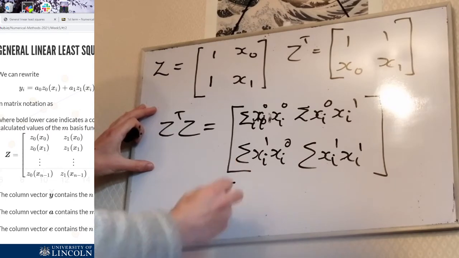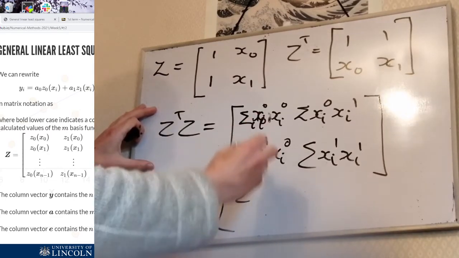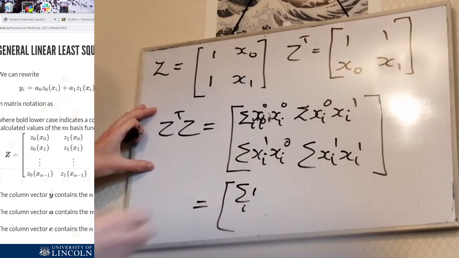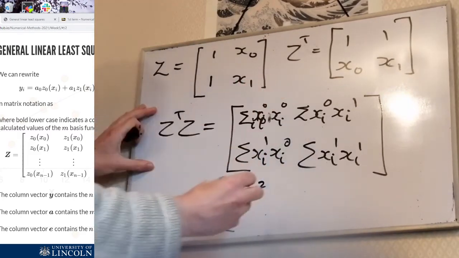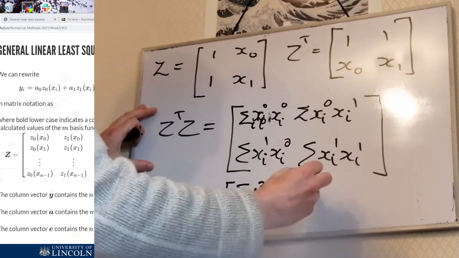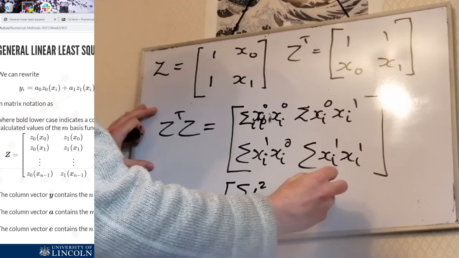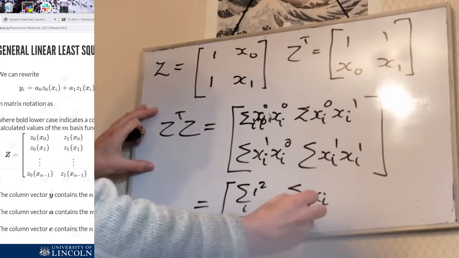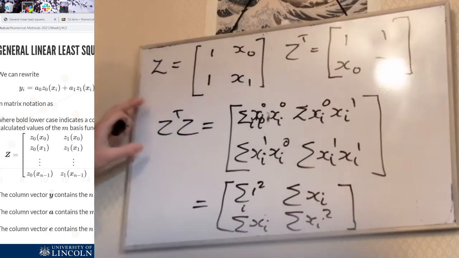In this case it comes to the sum of 1, add up my n, actually 1 squared, if you want to do that. Sum of the x, and sum of the x, and then sum of the xi squared.